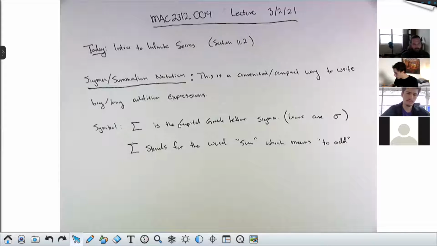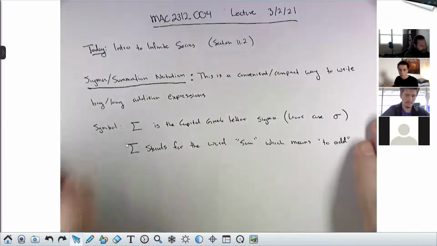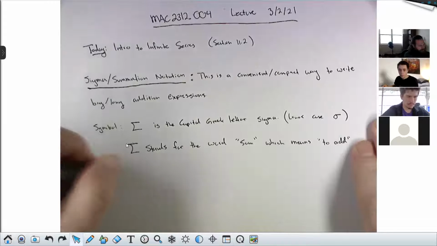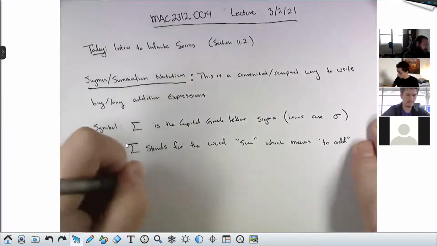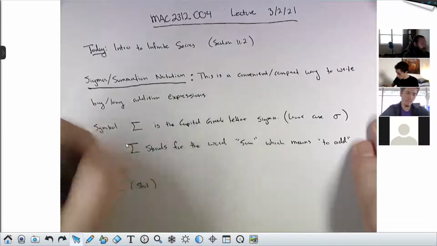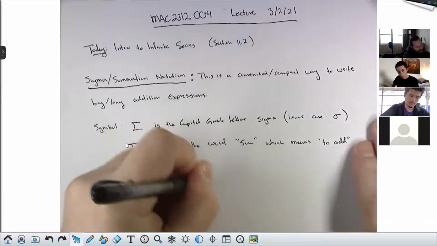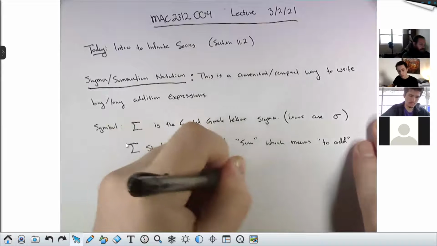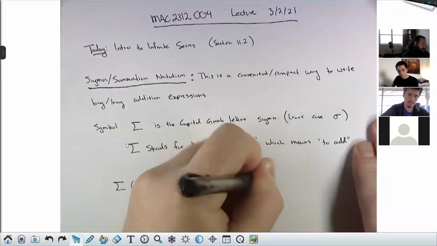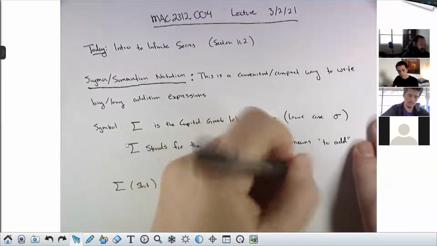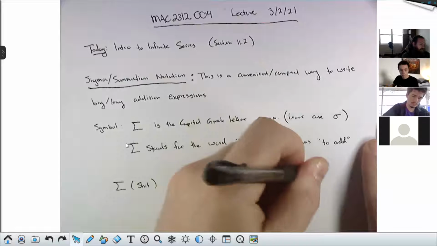It's the infinitive form, right? Add. So it says add something up. Add what up? Sigma of something would be read as the sum of something.